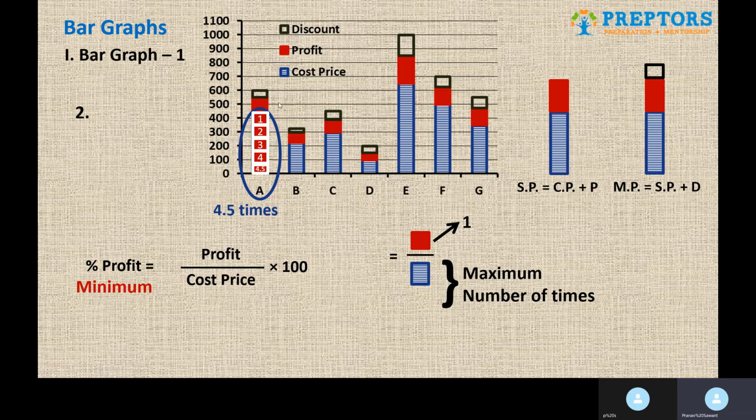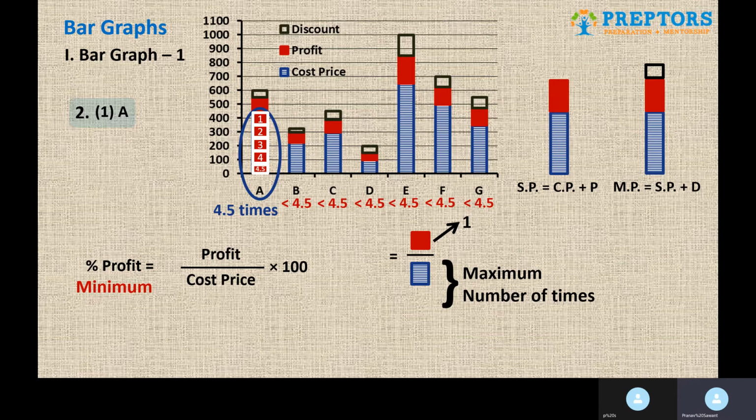So this entire red part is 4.5 times of the entire bar of the cost price. The entire bar means the cost price one. Hence, we can say that A is the answer that we will select because for rest all, it is less than 4.5. Only for A, it is 4.5 times. Hence, A will be the answer.